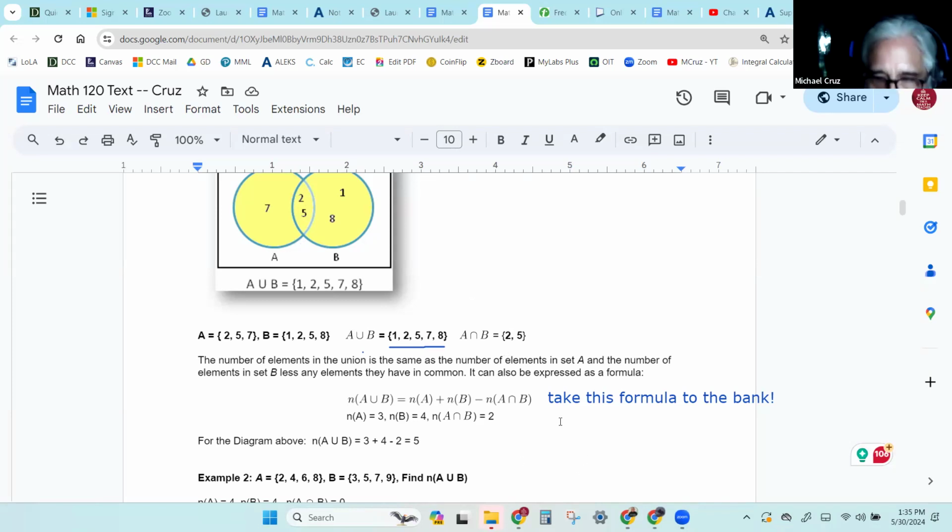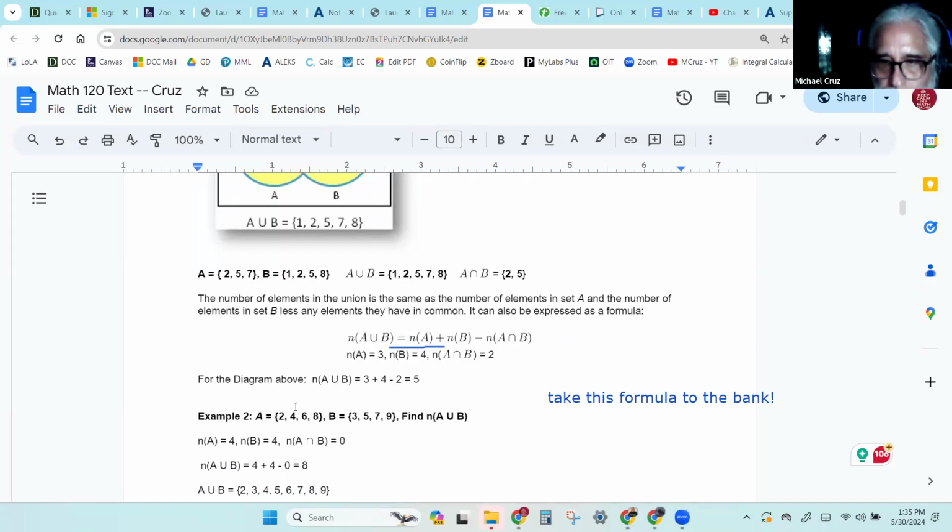Like I said, that's an important formula, and we'll see it later on as well using it again. And these concepts of and or will repeat themselves throughout the course. That's why we're going over them here, the and the or for the intersection and the union.